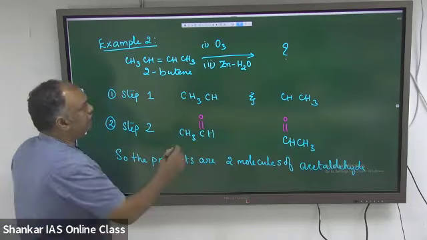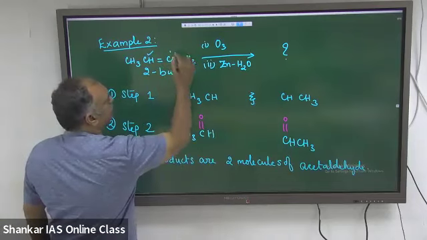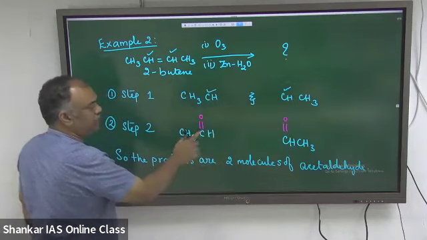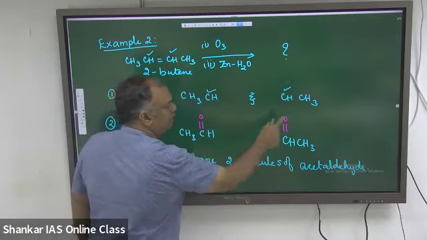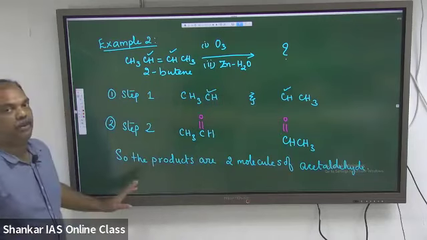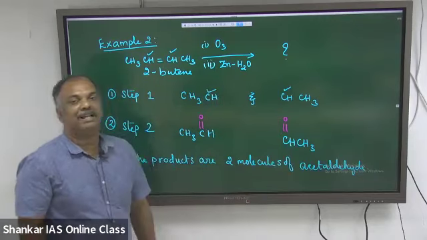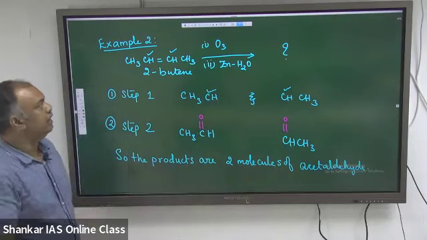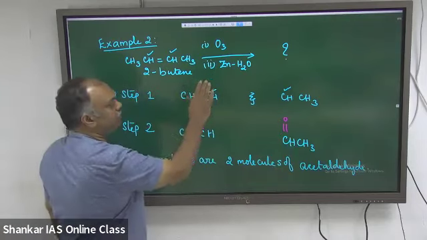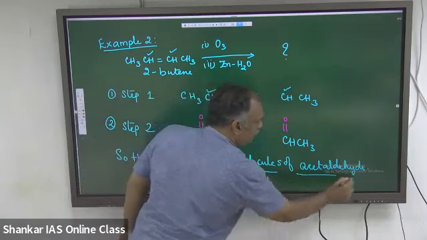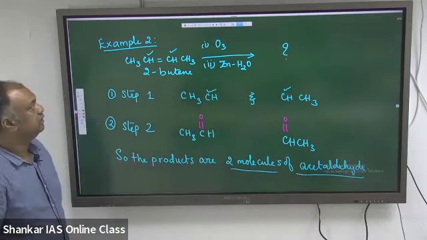That is what I have done. This was the alkene carbon, this is the alkene carbon. So onto it, I am introducing double bond O. The product I am getting is 2 molecules of acetaldehyde. So when 2-butene is subjected to reductive ozonolysis, I am getting 2 molecules of acetaldehyde.